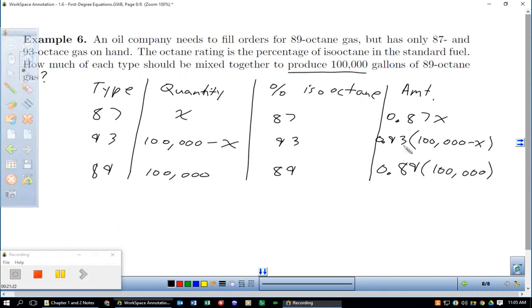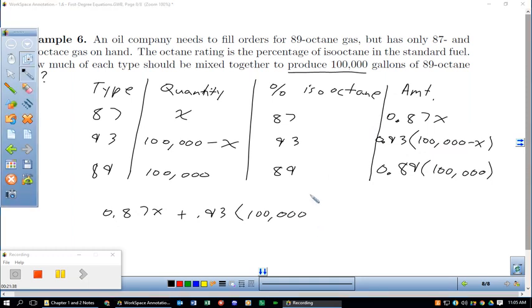And we want these two to be the same. So what we have to do is take 0.87x plus 0.93 times (100,000 minus x), and we want to know when that's equal to 0.89 times 100,000.